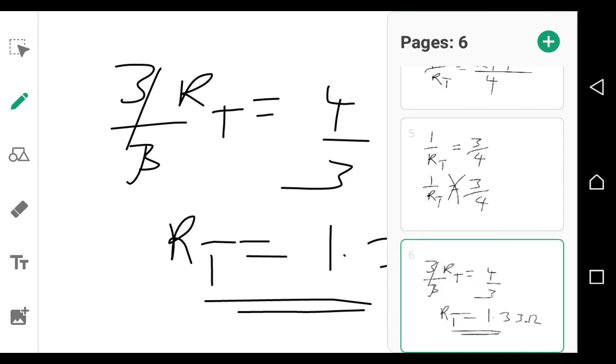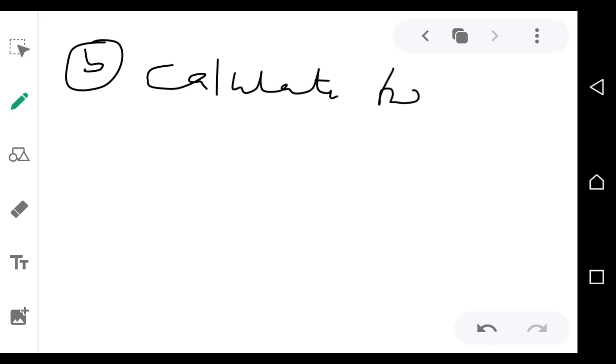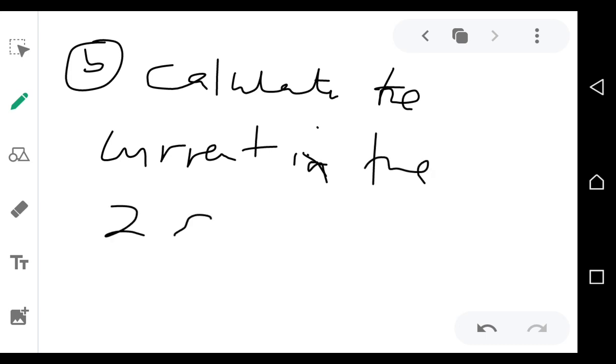Your question 2, which is question B, can be: calculate the current in the 2 ohm resistor.